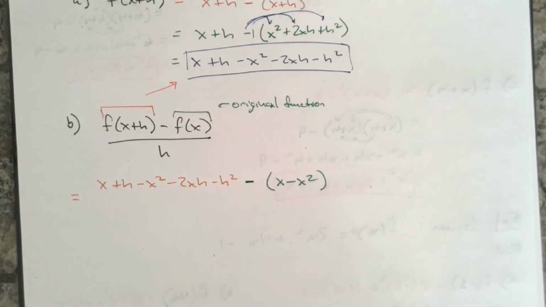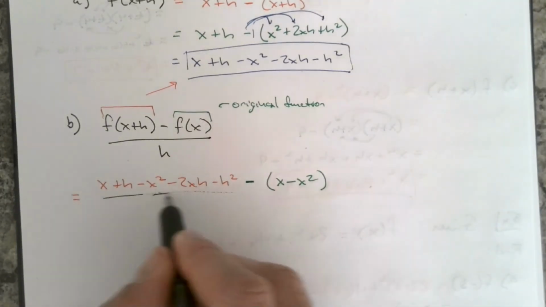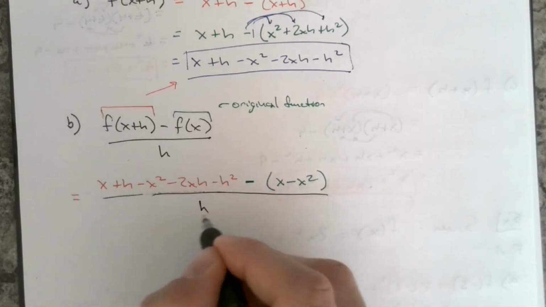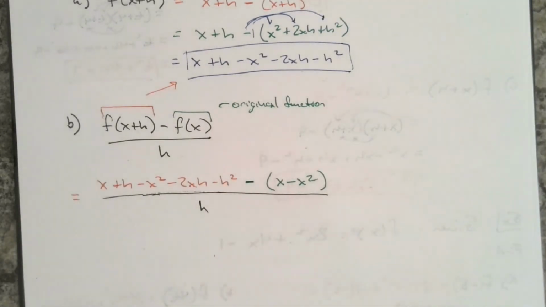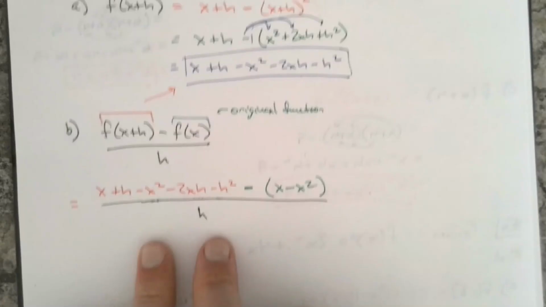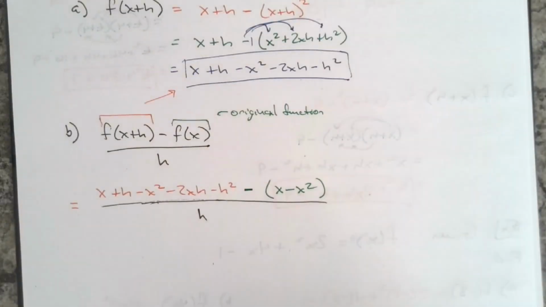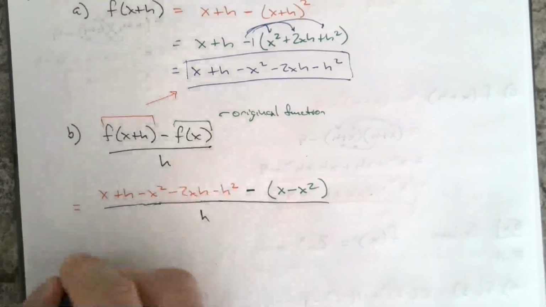And then this whole thing should be over h. Now we want to simplify this. Now to simplify, you can't just start canceling h out from the denominator with things above it. You only can cancel things out that are factored, so things are being multiplied when you're trying to cancel things with the denominator. So first I'm going to simplify.